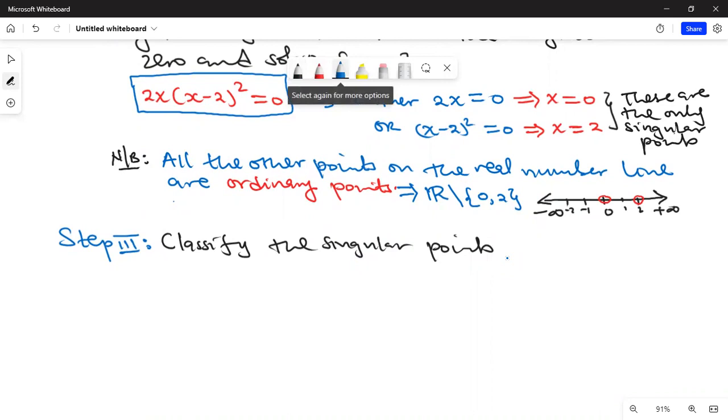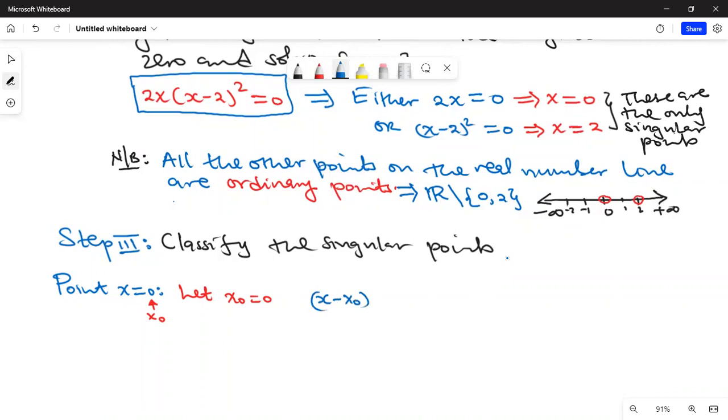So you can write this point x equals 0. Remember, usually in general, x is equal to x naught. So let x naught be equal to 0, because this is our x naught. Now I need x minus x naught times p1 of x.